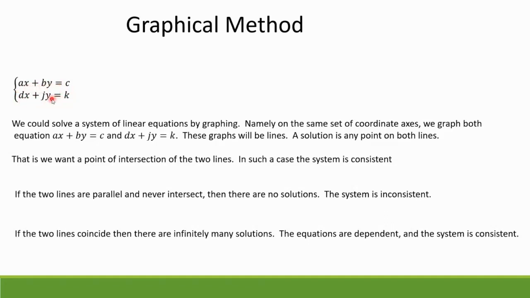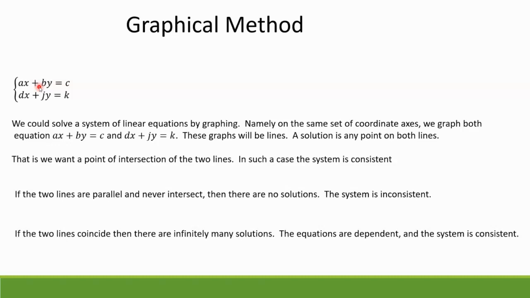You essentially have this also, just instead of a, you have d, instead of b, you have j, instead of c, you have k, but they're constants. So the graphs of each of these are going to be lines. We can graph those. Any solution to an equation is a point on the graph.